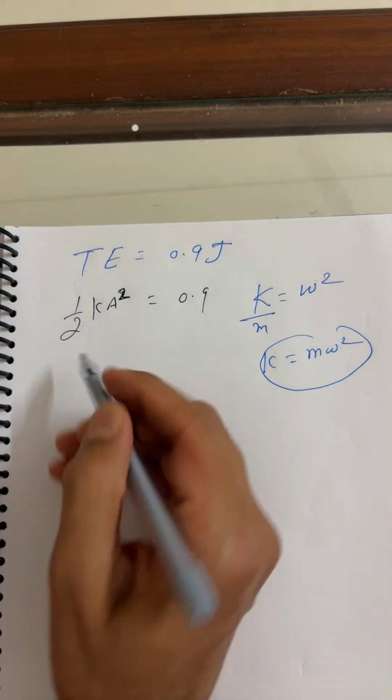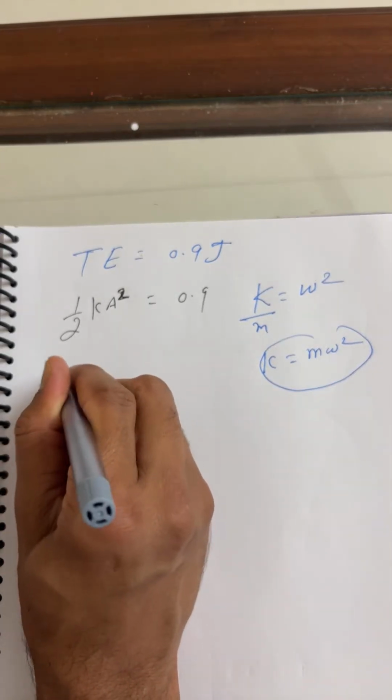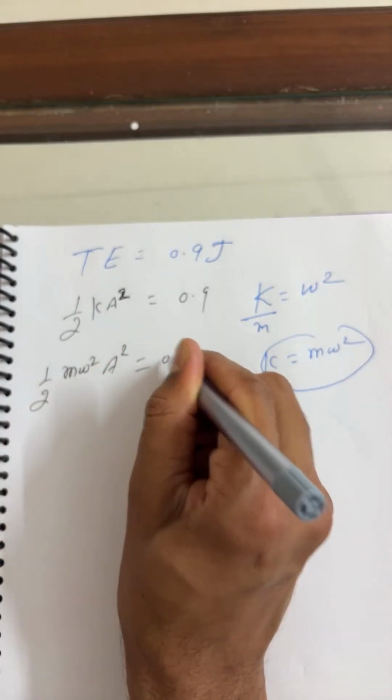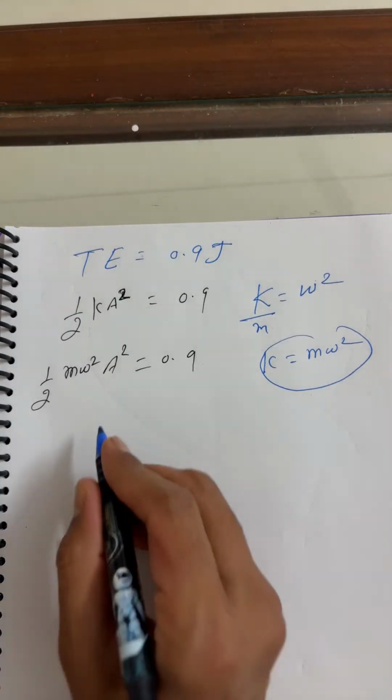Replacing, half m omega square A square equals 0.9 joule, right?